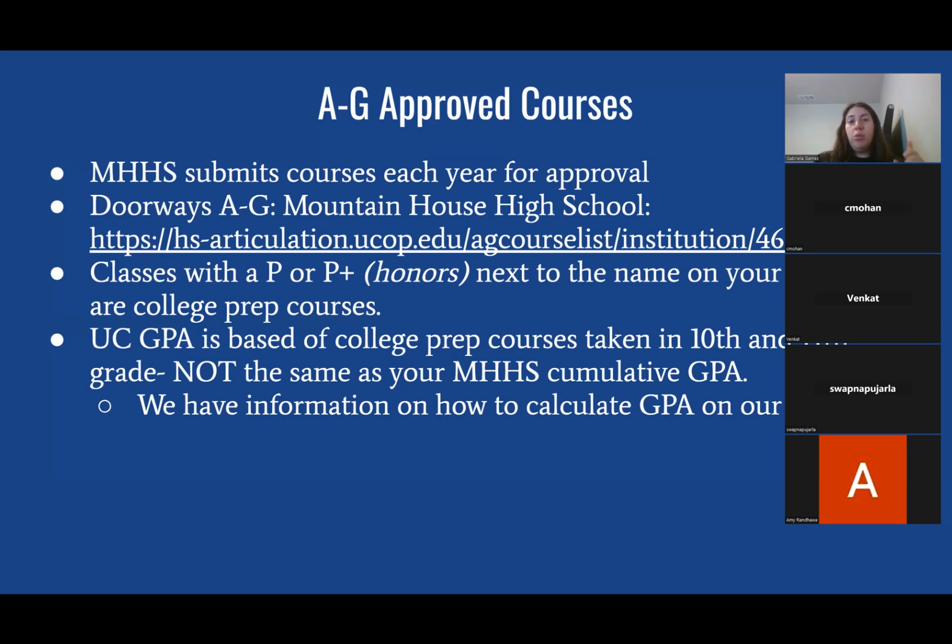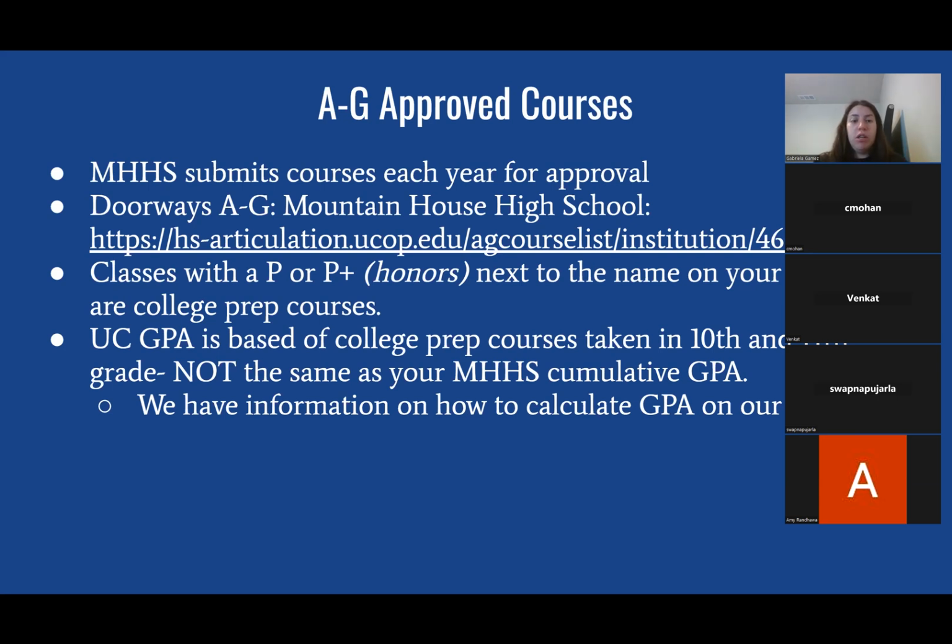But if not, we do have on our website how to calculate your UC or CSU GPA. If you are interested in wondering what your UC CSU GPA would be, because it will be a little bit different than ours, please go to our website, Counseling Home, College Entrance. You will find that information there. There's PowerPoints, tip sheets, all of that stuff.